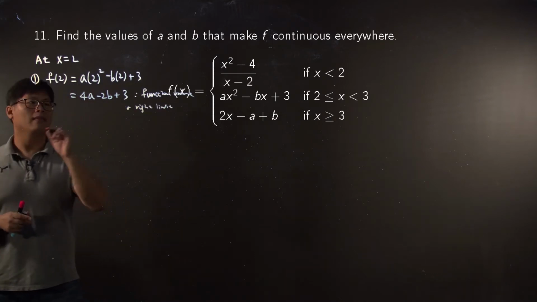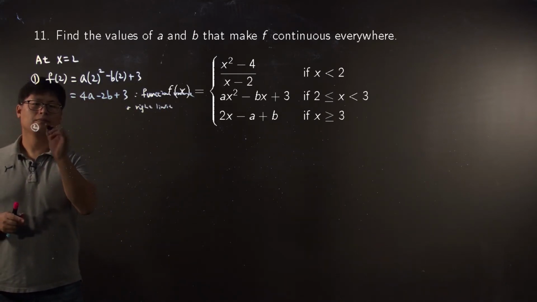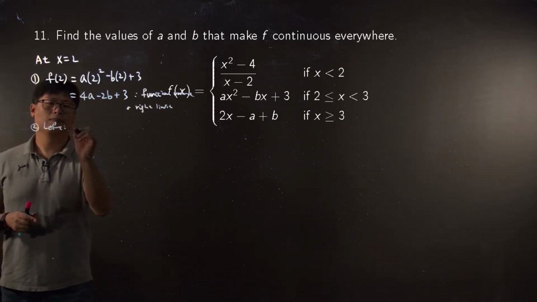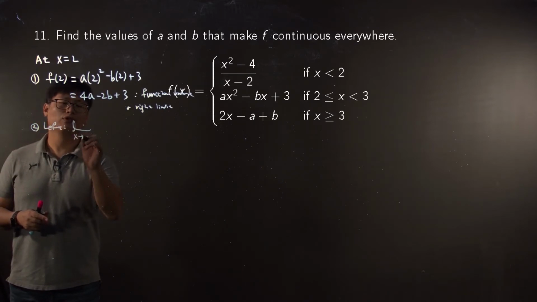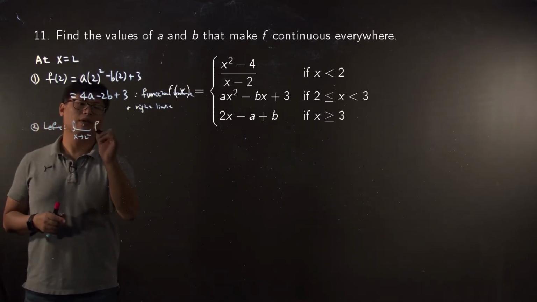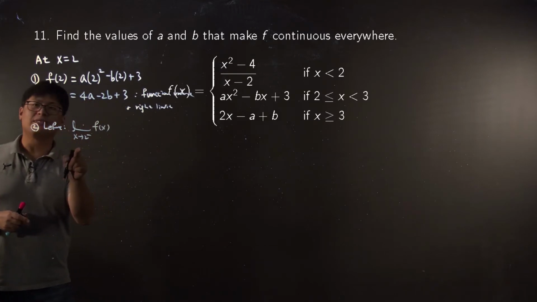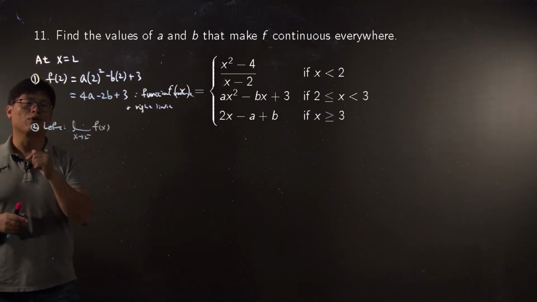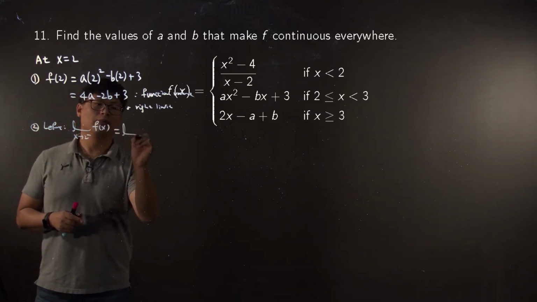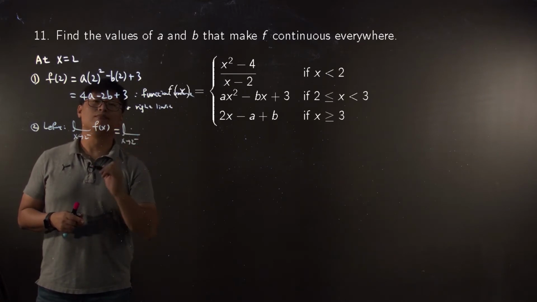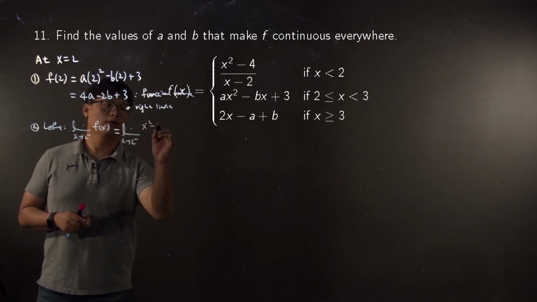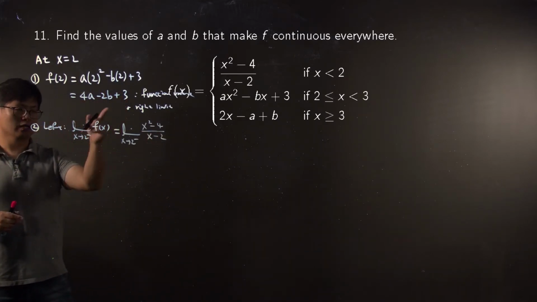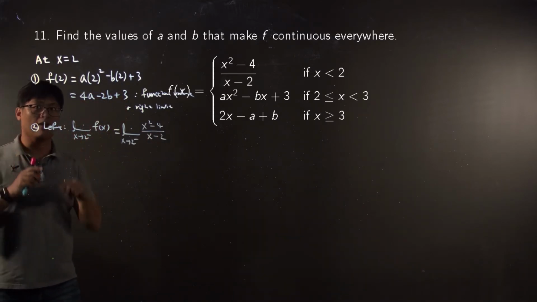Then, what about the left limit? x approaches 2 from the left-hand side. Since this means x is less than 2, we use the first one. It is the limit as x goes to 2 from the left of (x squared minus 4) over (x minus 2), which is 0 over 0, an indeterminate form.